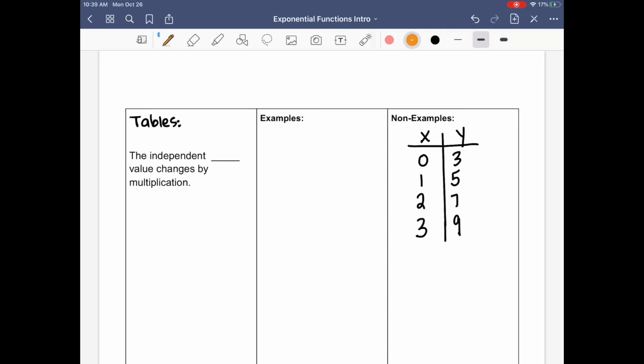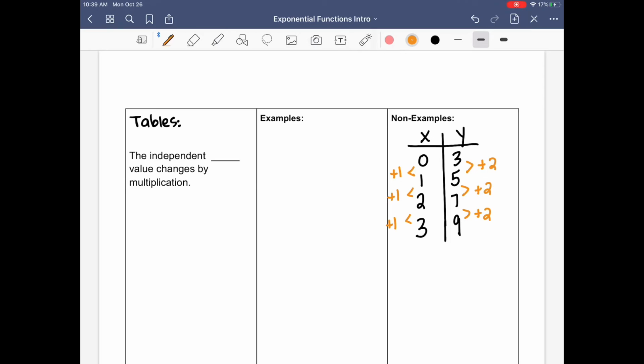When I look at this particular table, I can see that I'm changing by adding 2 each time, just like I'm adding 1 here. So we're talking about the rate of change between each value. I can see that my rate of change is linear because my slope is going to be 2 over 1.